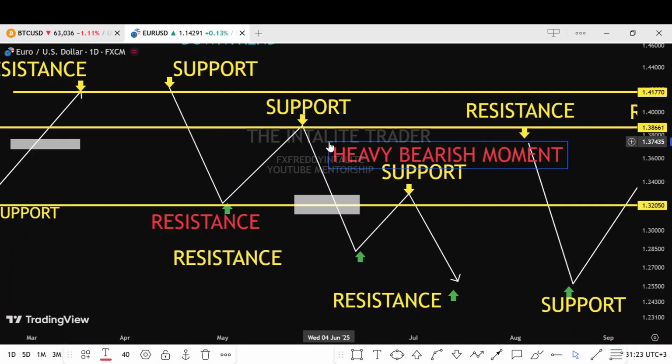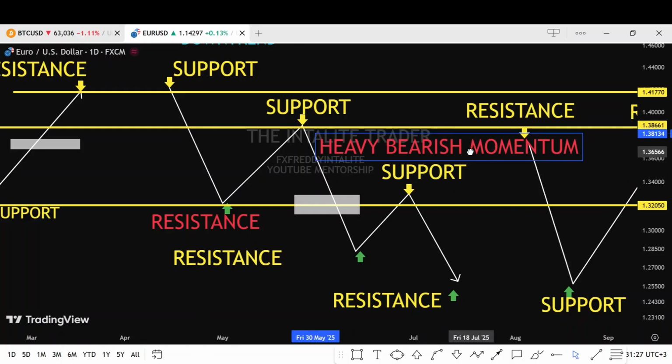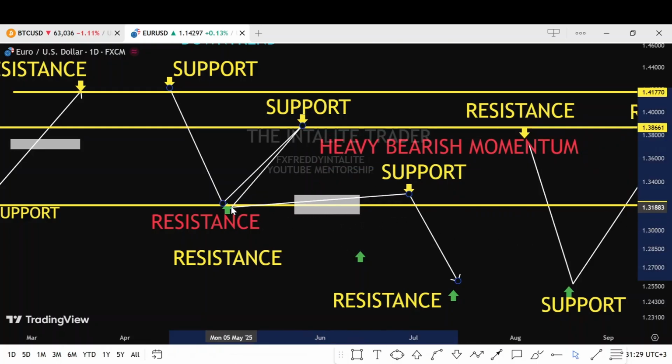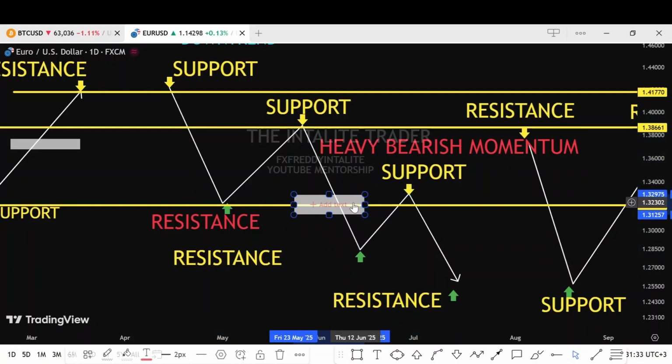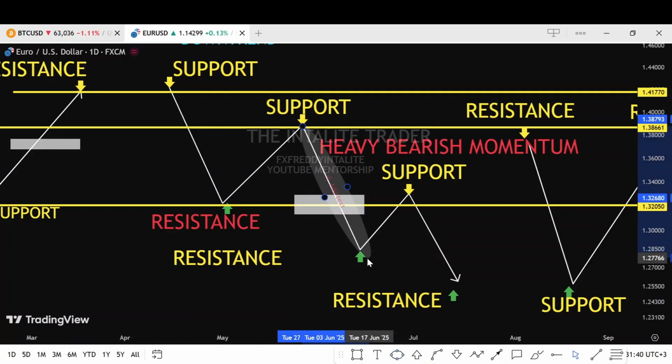So you want to trade with such a momentum that is moving and breaking these resistance levels. Once price breaks this level, this move is a heavy breakout momentum.